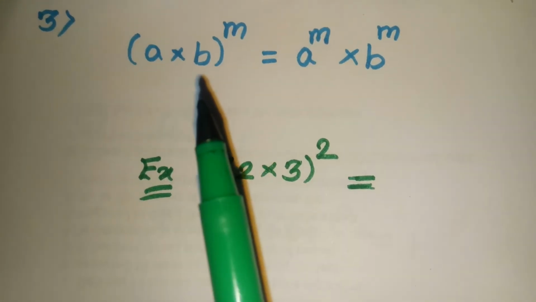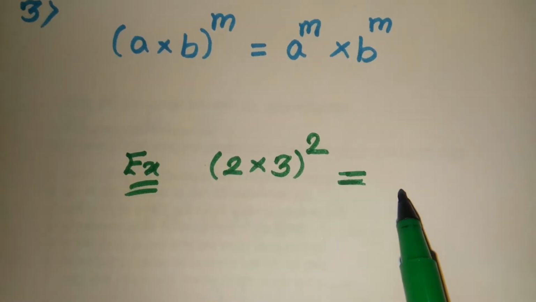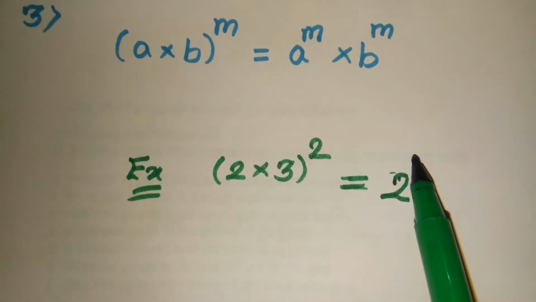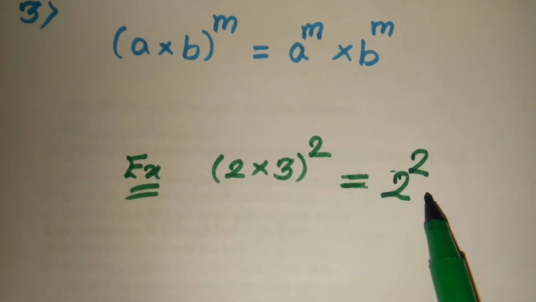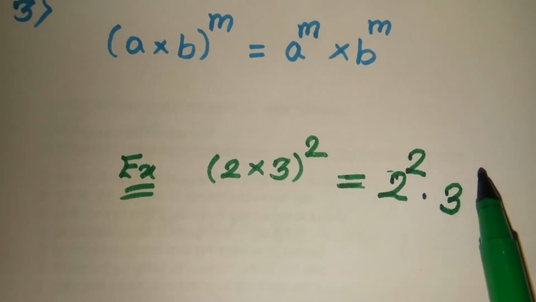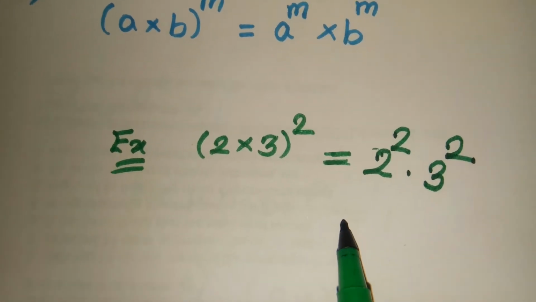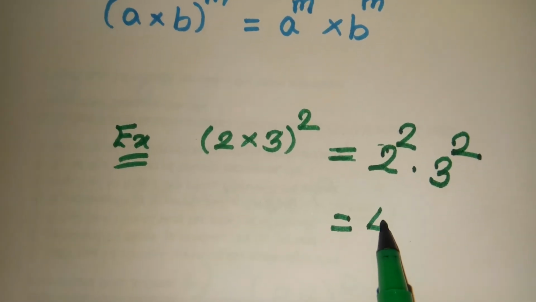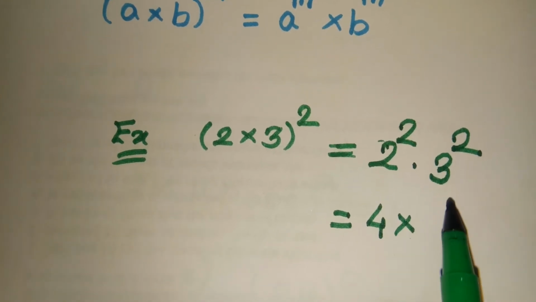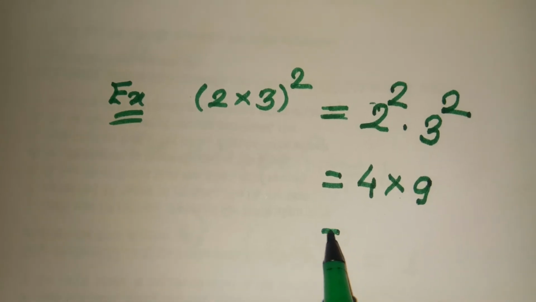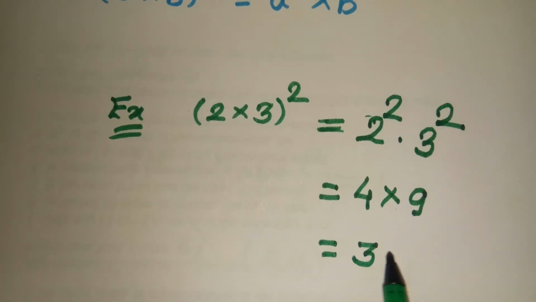By this rule we get 2 raised to the power 2, because our first term a is 2, into the second term power, that is 3 raised to the power 2. The common power is 2, that's why I am separating power 2. We know 2 square is 4 and 3 square is 9. Take the product, it is 36.